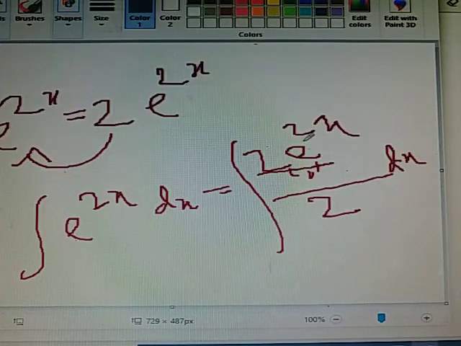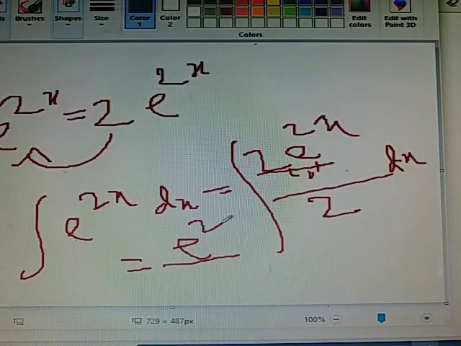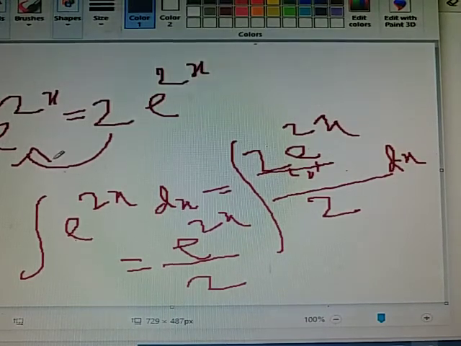So this is the derivative of e to the power twice x. So this is equal to e to the power twice x divided by 2. So integration of e to the power twice x is e to the power twice x by 2.